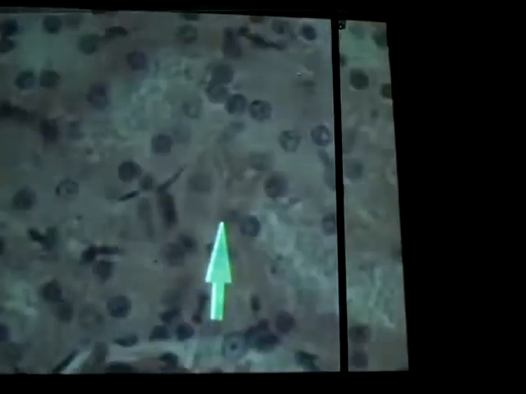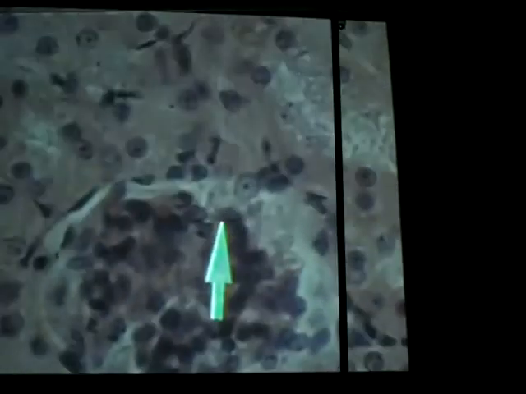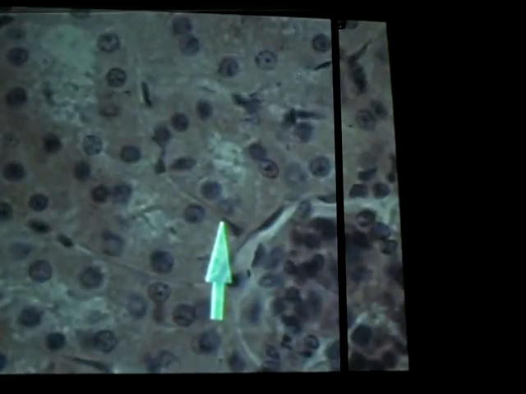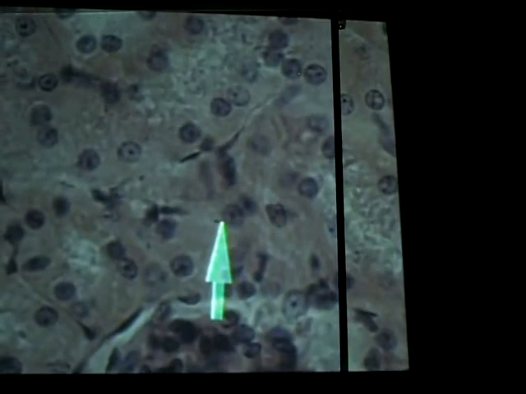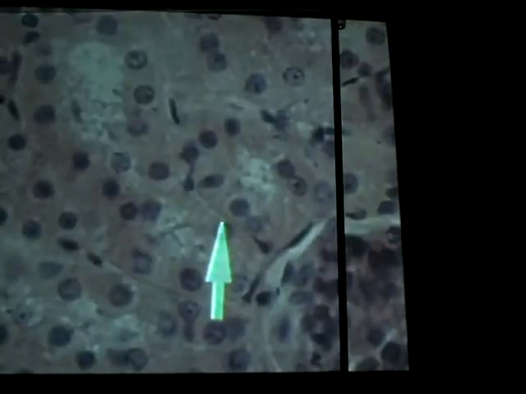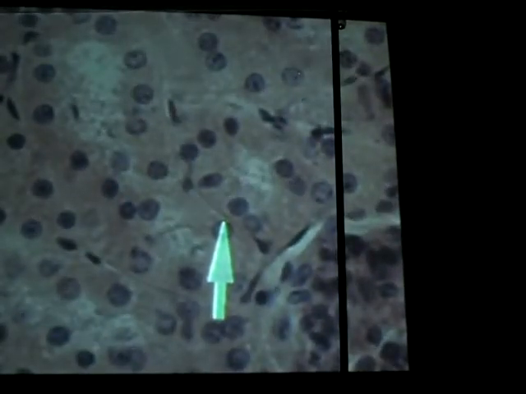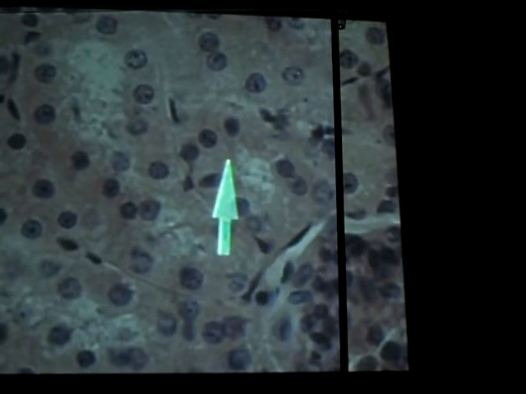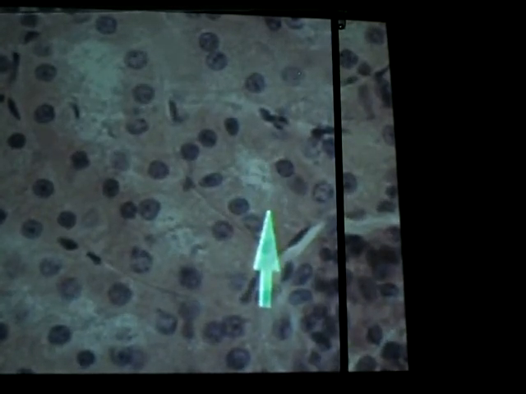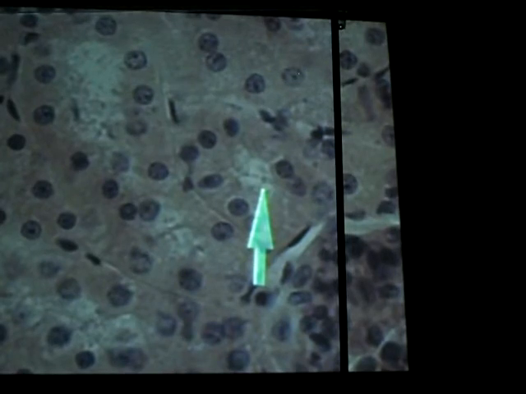Then you're going to have your proximal and distal tubules sitting right beside the corpuscles. This is a proximal tubule here. Notice we have these large cells, and the lumen isn't very clear. It has all this stuff inside the lumen.